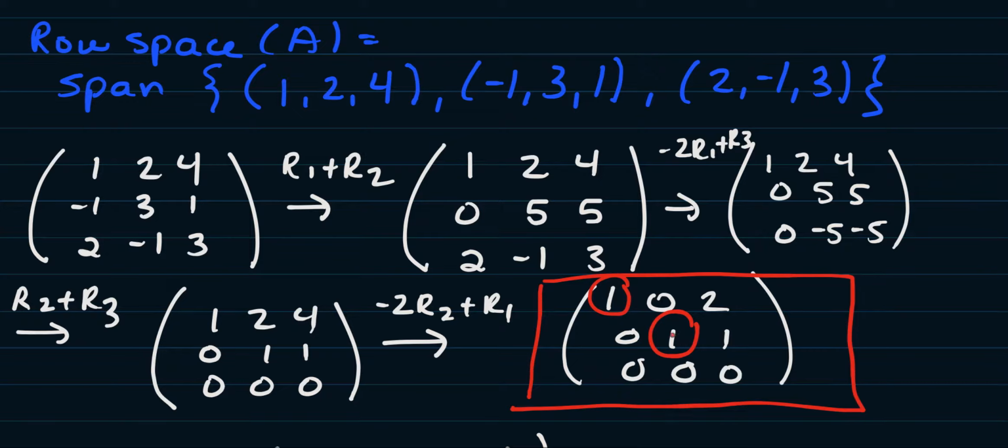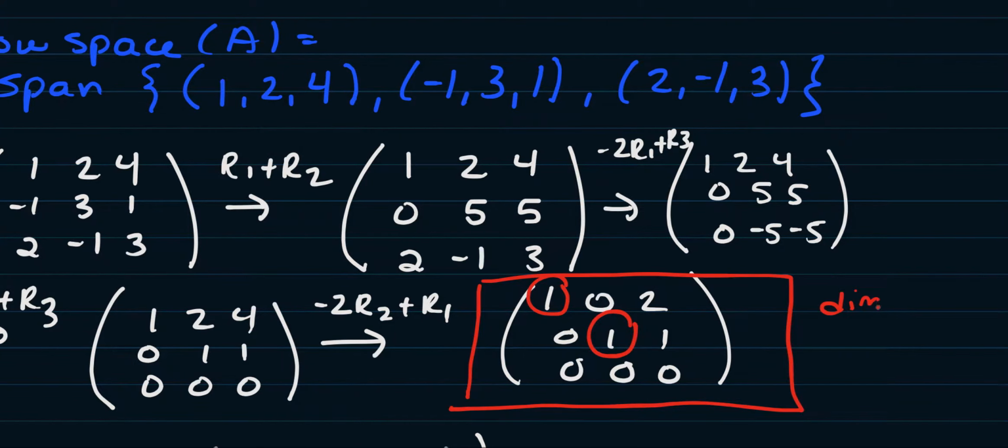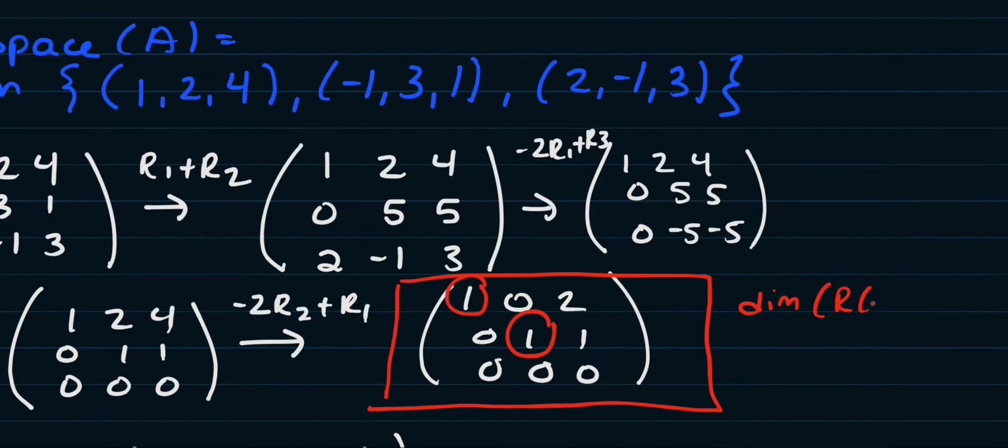So two pivots, the dimension is 2. The dimension of the row space is 2. And that's equal to the number of pivots, which is equal to the rank.